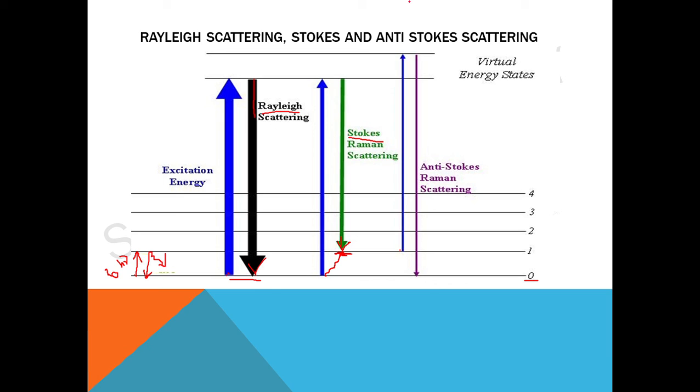So it jumps to an upper level, but after that it comes back in scattering. It comes to the extreme zero level again, that is, the ground state. So in this case, what did you understand? Incident frequency is less and scattering frequency is more. See, this distance is there, is it? So we can say this is the anti-Stokes line.